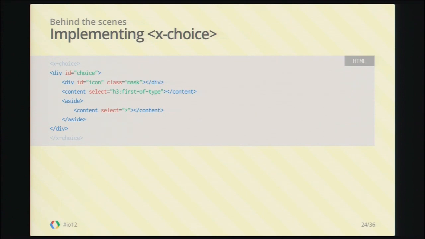And so what we say here is the H3, first of type, which is the first H3 we find as a child, is going to show up right here instead of this thing when rendering. And then we have a little aside item for our tooltip. And then we say, everything else, universal selector, goes inside there. So what we're doing basically is we're using CSS to decide which elements to sort of funnel and teleport where when we render. That's right. Okay.